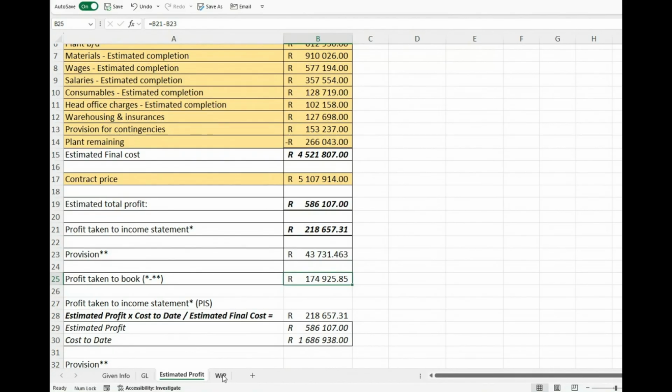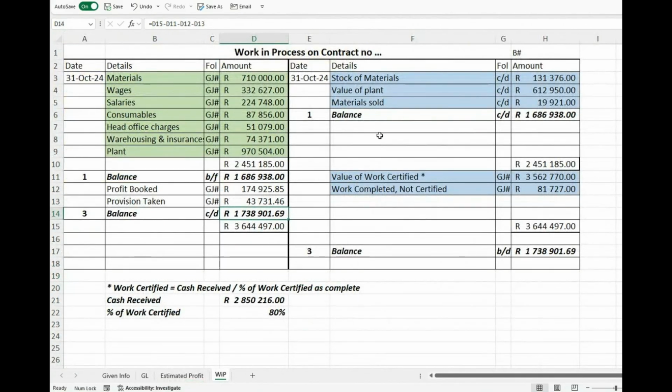And then in your work in process, you are repeating everything that was in your GL up to there. Okay, so everything on the credit side of the GL is repeated. And the only difference is now you will look at that amount, you will bring it to the debit side, you will look at your balance one, which is the same obviously in your GL and in this account.